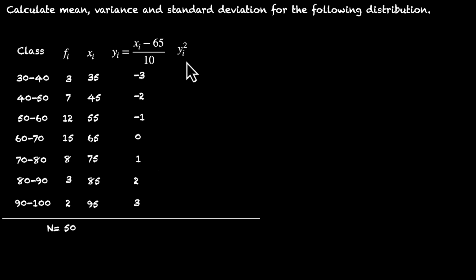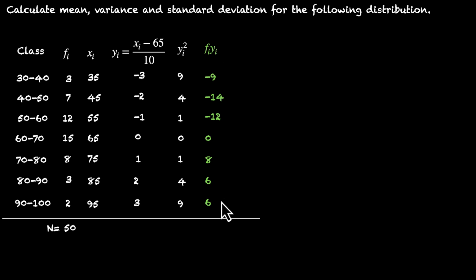Now let's find yi squared. Let's square these values. We have 9, 4, 1, 0, 1, 4 and 9. Now let's multiply yi and yi squared with frequencies. So yi times fi, that's fi yi, that's going to be 3 times minus 3 is minus 9, 7 times minus 2 is minus 14, this will be minus 12, this is 0, then 8, 6 and 6.